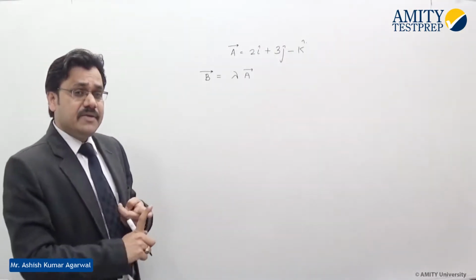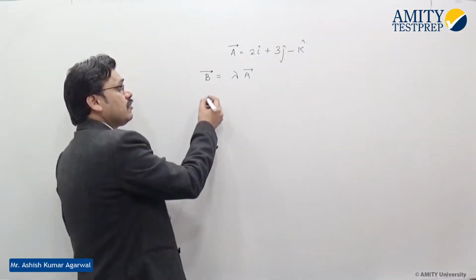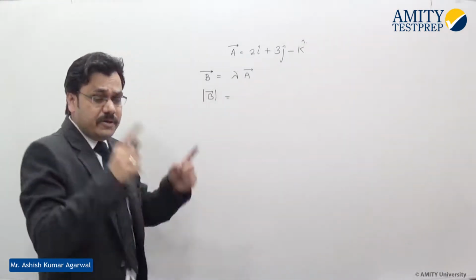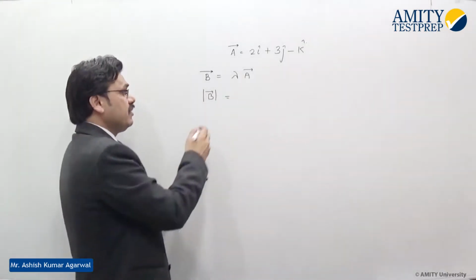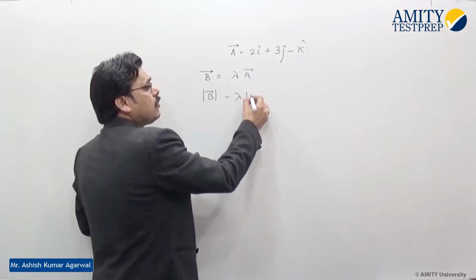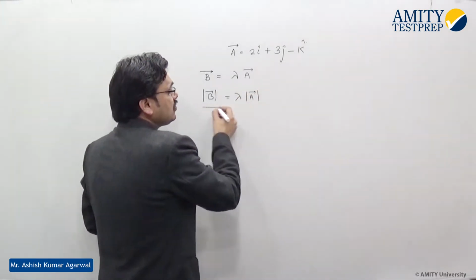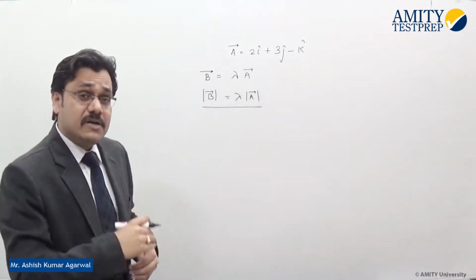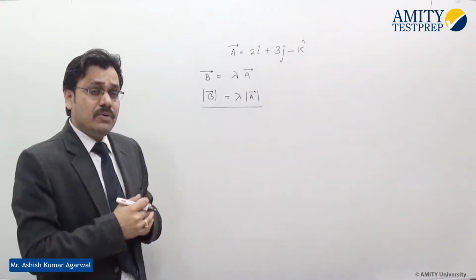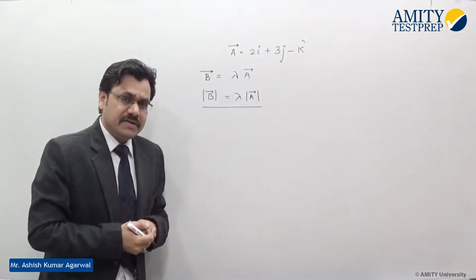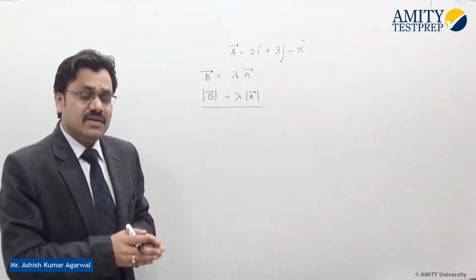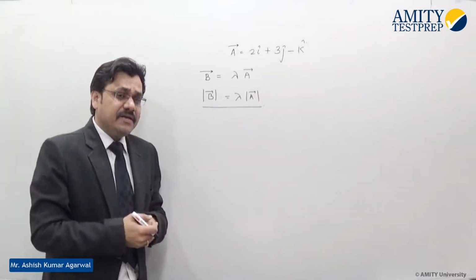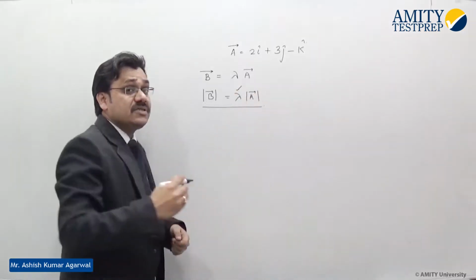And the magnitude of B, denoted by putting the modulus across B, equals lambda times the modulus of A. So when a vector quantity is multiplied with a scalar quantity, you get another vector quantity whose direction is the same as vector A, and the magnitude is lambda times that of vector A.